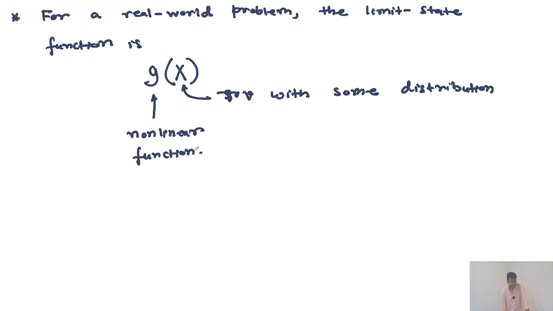Okay. This is clear. So now, clearly with this setup, phi of minus beta is not applicable. That will only be applicable if my G is coming from a Gaussian distribution, right? So this phi of this thing will not be applicable, right?